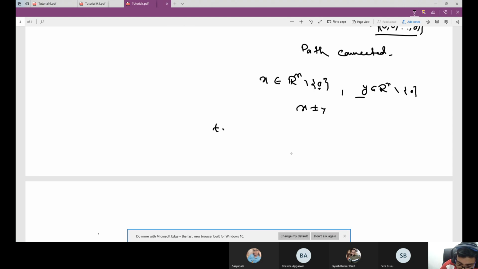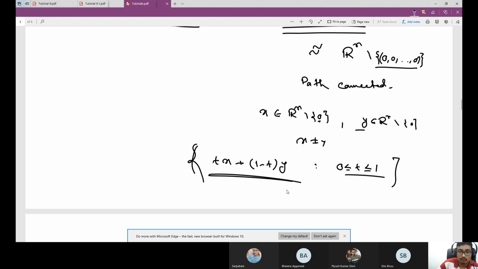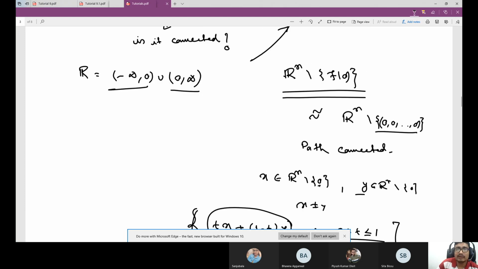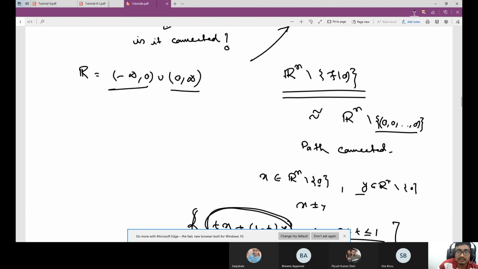The line segment is tx plus (1 minus t)y, where t is between 0 and 1. This point will lie in R^n minus 0 provided it is not equal to 0. If 0 belongs to this line, then this line segment will not be there. But if 0 is not on it, then the line segment will lie completely inside R^n minus 0. Is it clear?